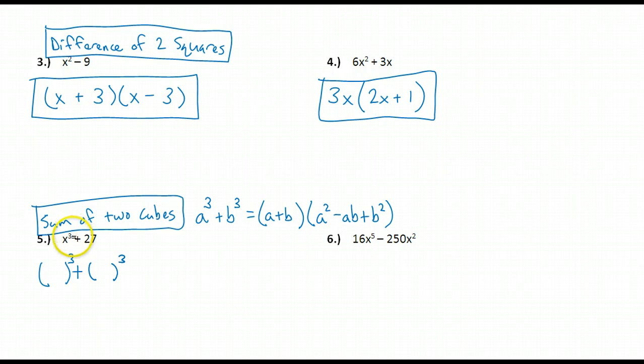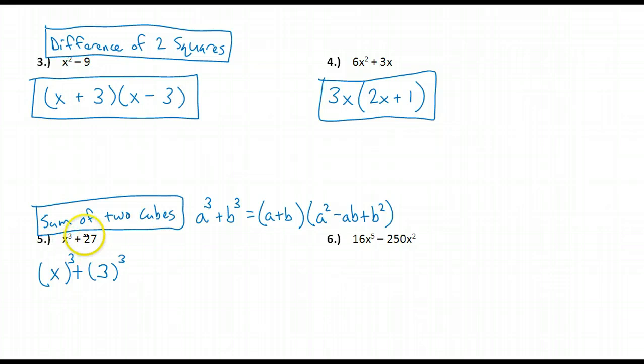Well, x cubed is quantity x cubed. Now I need to look at 27. Well, 27 is a perfect cube, and it's 3 cubed. 3 times 3 times 3 is 27.